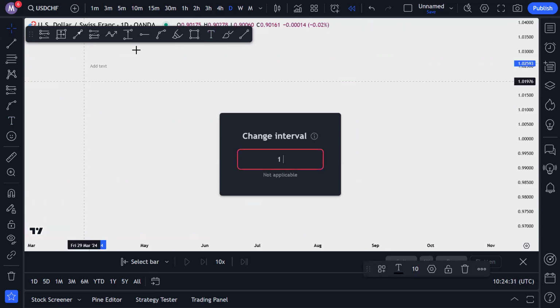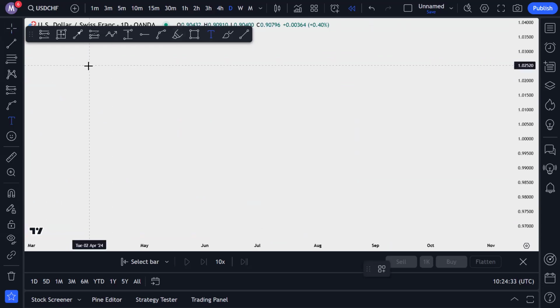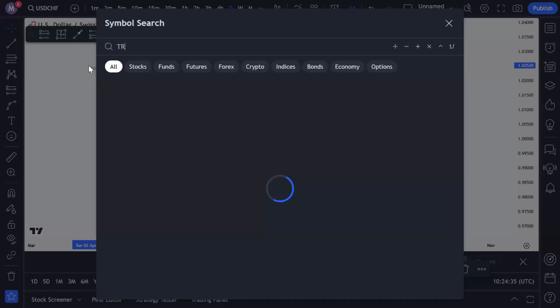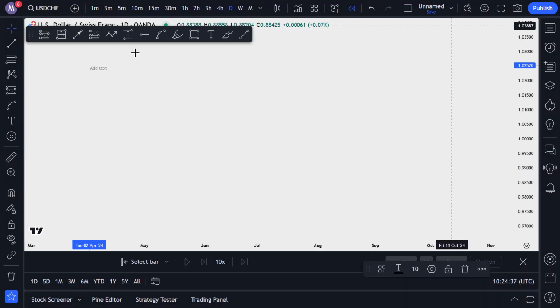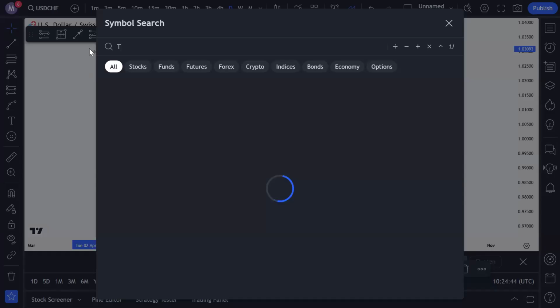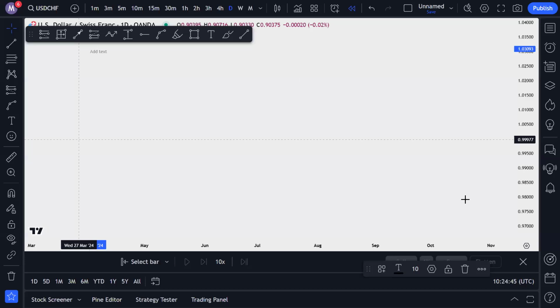So what do you know about a trend? You mean the trading itself? I mean the trend, how the market is moving.